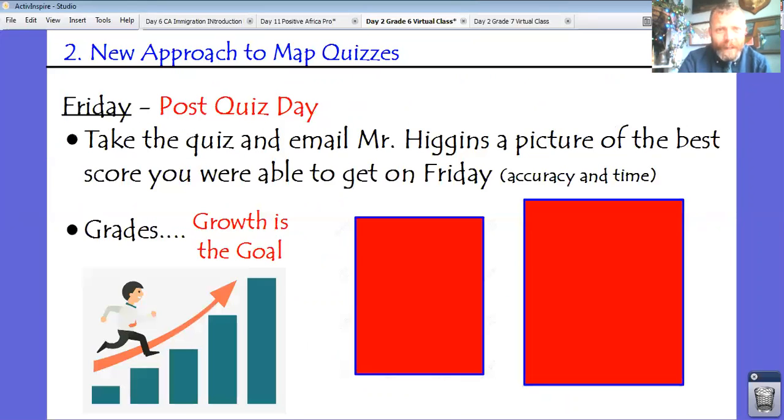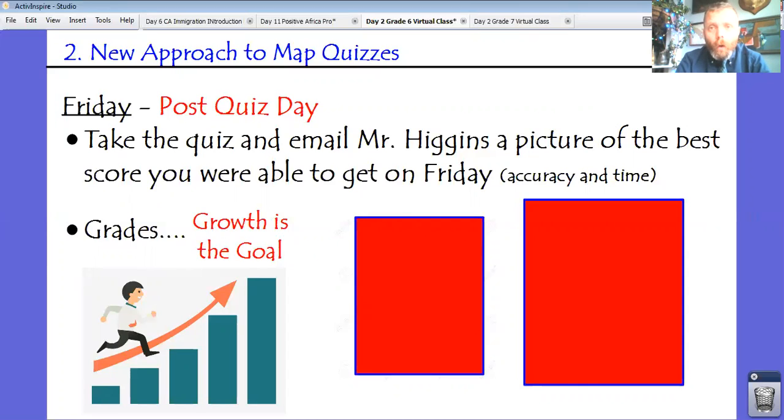Now on Friday, that's the post-quiz day, and Friday is your day to record your best score, okay? So what I want you to do on Friday is, again, take the quiz at some point during the day and write down your accuracy, how many you got correct and the time it took you, somewhere on that Google Doc. And if you can send me a picture of it, that's awesome.